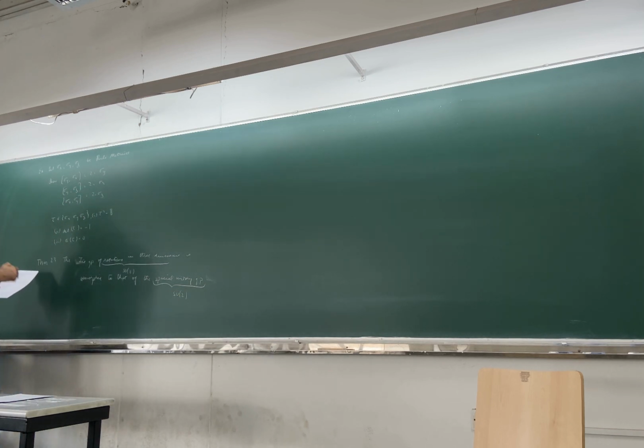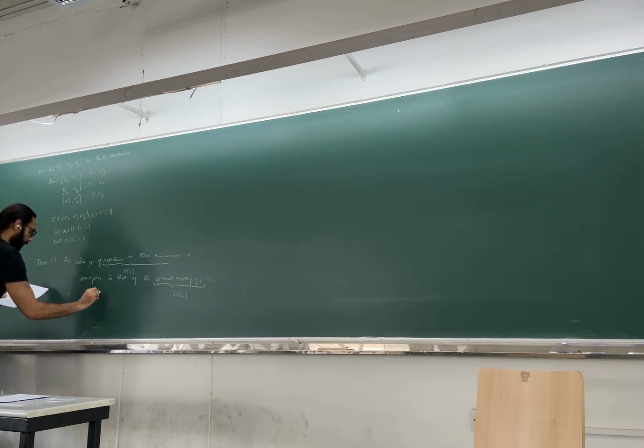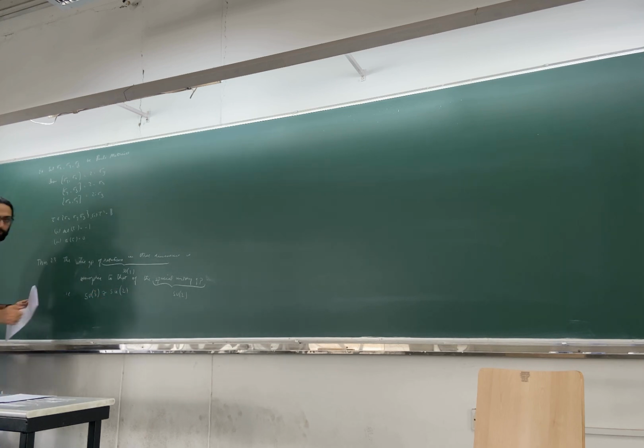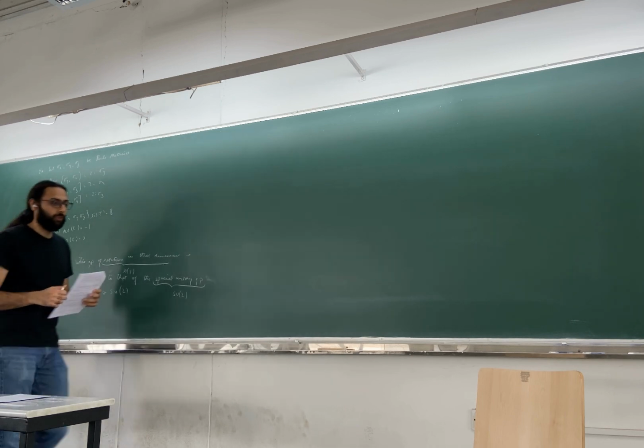Formally it's written as follows: that this script little o3 is isomorphic to SU2. So that's the Lie group.